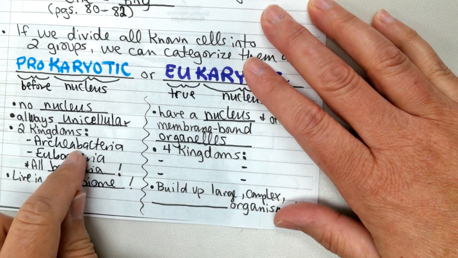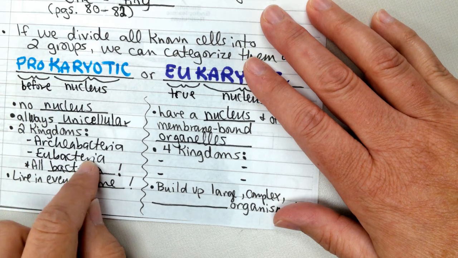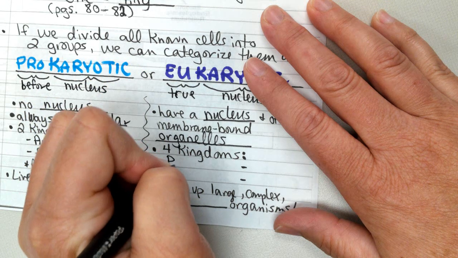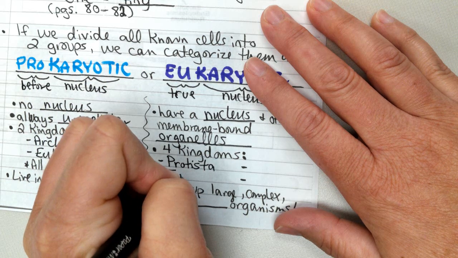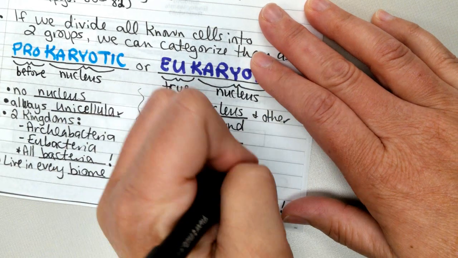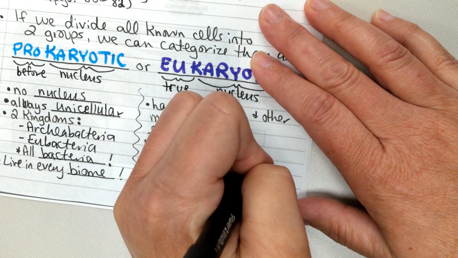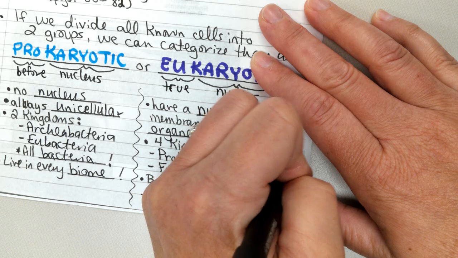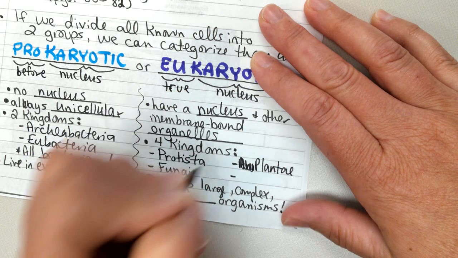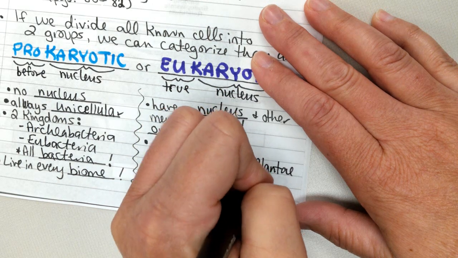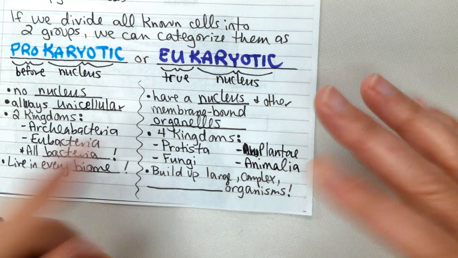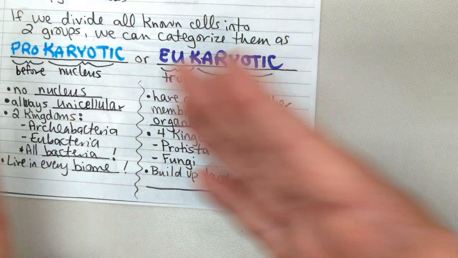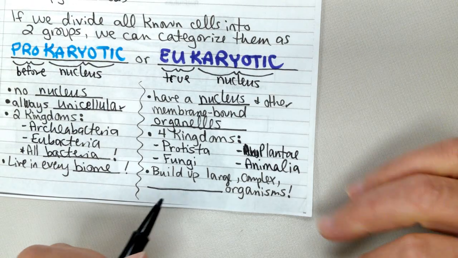They are, from closest to bacteria-like, protist or protista, fungi, we'll talk about these later, plantae, and then animalia. So these are all 6 of our kingdoms. These 4 are always eukaryotic. These 2 are always prokaryotic.